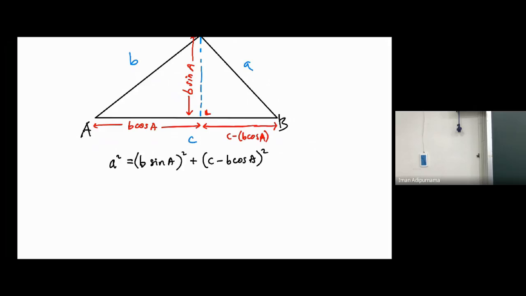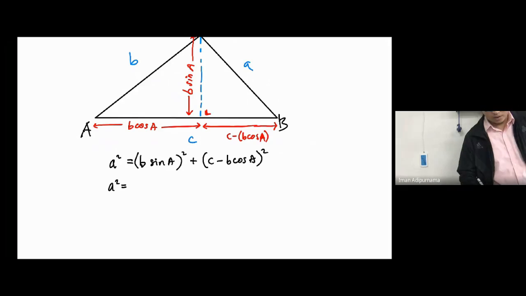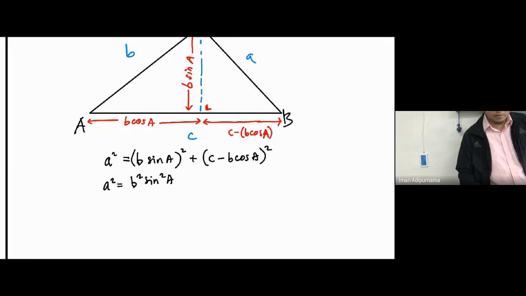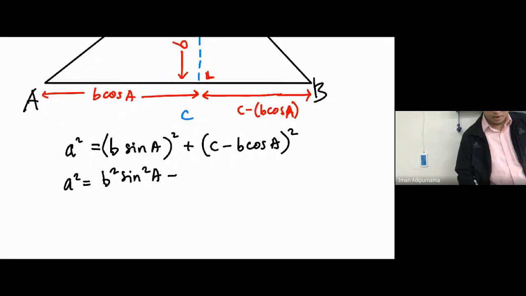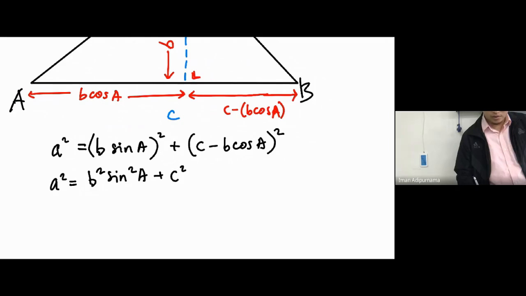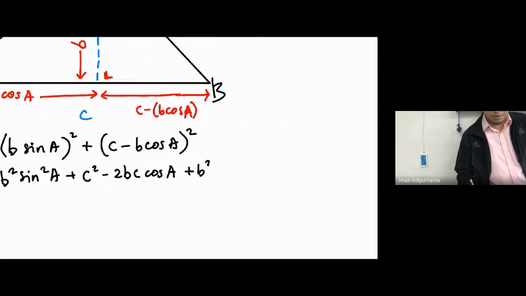Let me expand the c minus b cos A. So I will get b squared sine squared A plus c squared minus 2bc cos A plus b squared cos squared A.